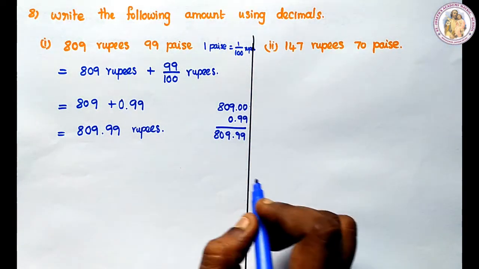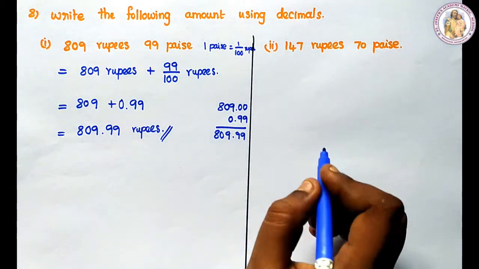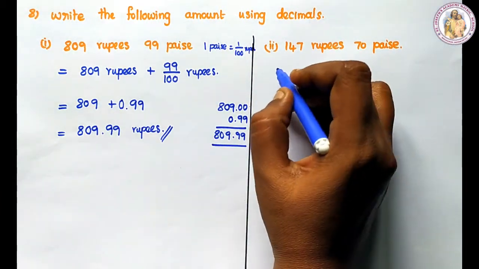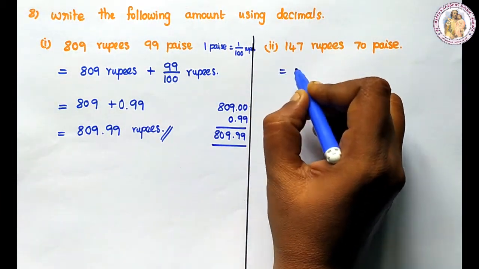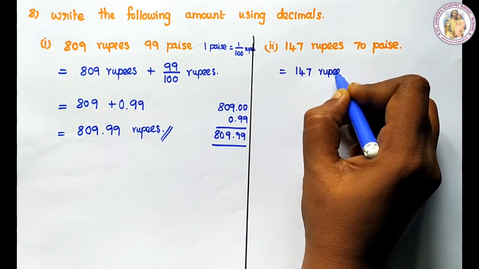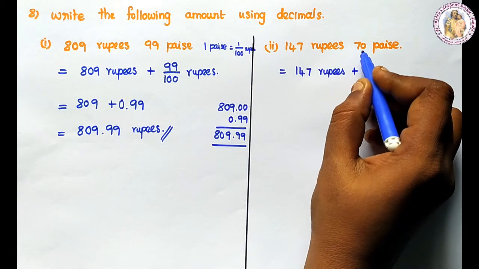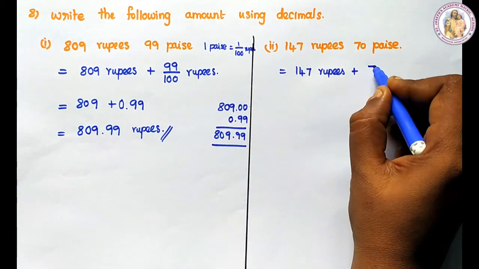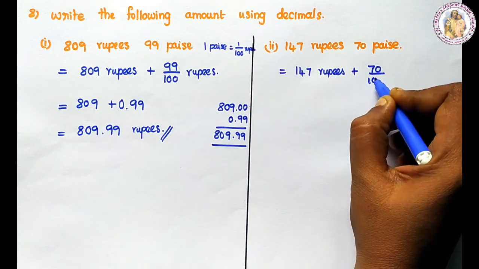That is the answer. Next one, 147 rupees. Change 70 paise into rupees means 70 by 100 rupees.